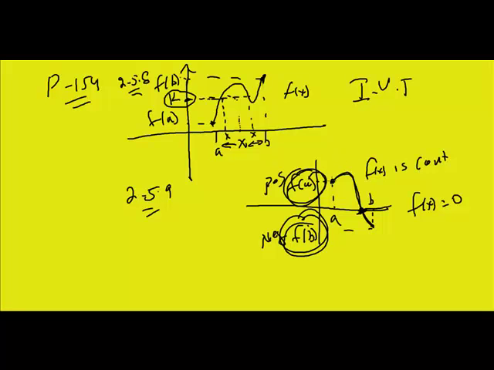Having said that, let's take a look at a couple of problems which are fairly easy on page 156. Number 2. It gives a graph that looks like this. You have a closed circle, an open circle, closed circle. You have to answer all these questions.